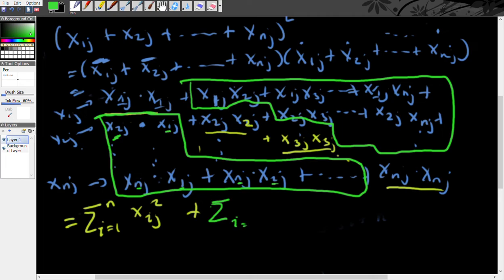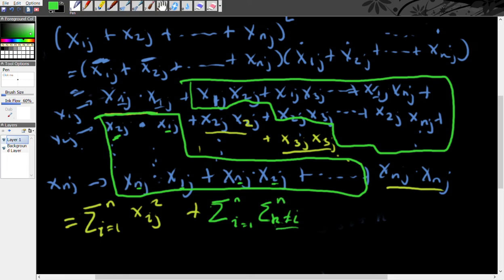Let's say we're summing from i equals 1 until n, times, sorry, I can't use i again. We're going to use k, not equals to i until n.